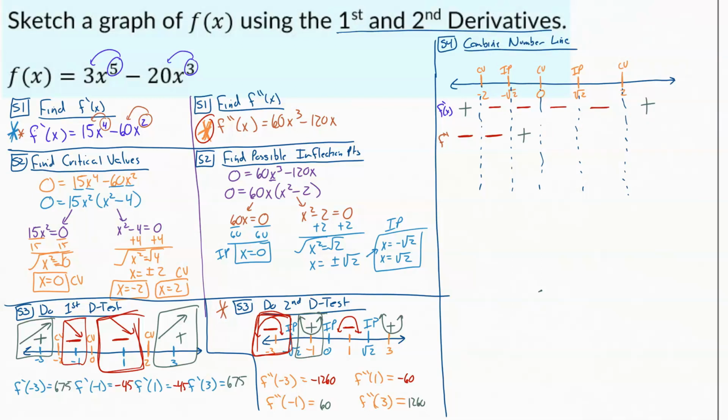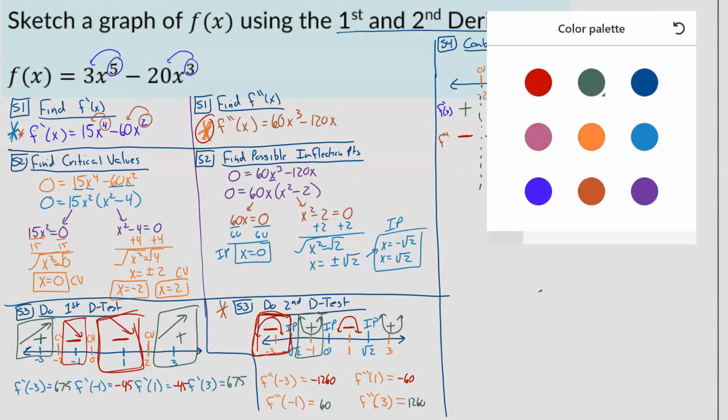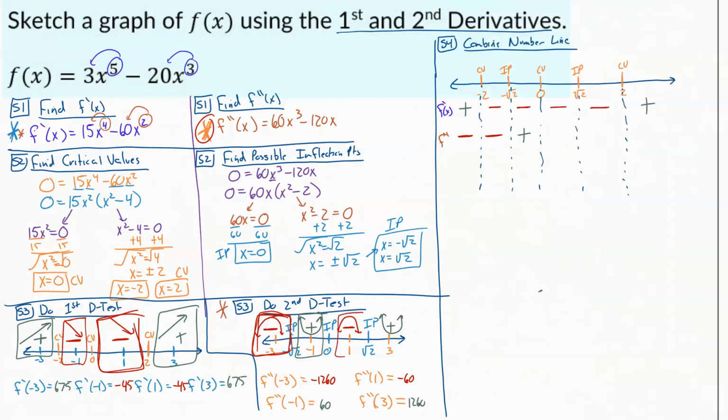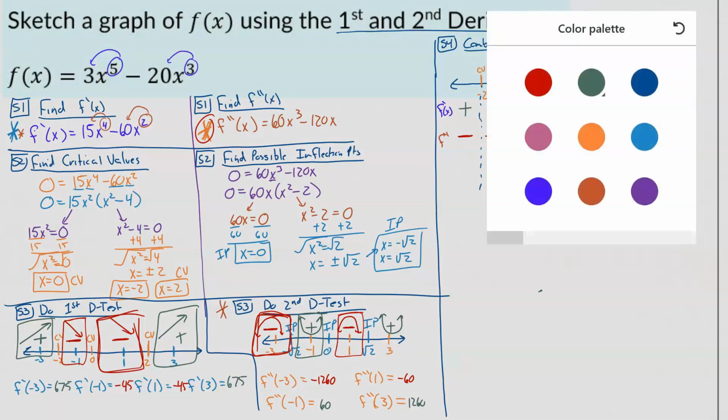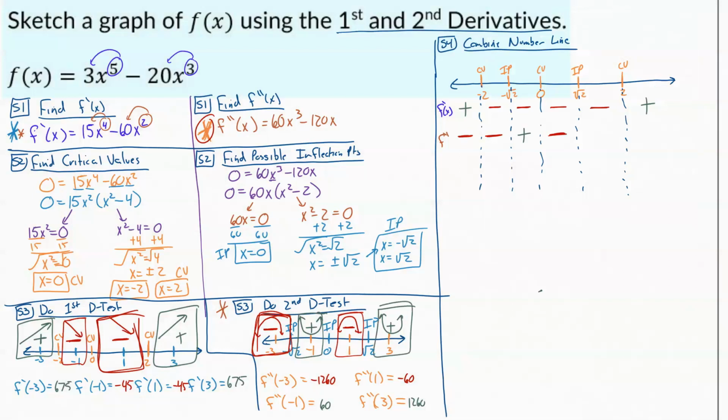And then between 0 and root 2, we are back into a negative space right there. And then between root 2 and 2, that's going to be when we're out here. And so that's going to be positive on this section and then positive again on that section.